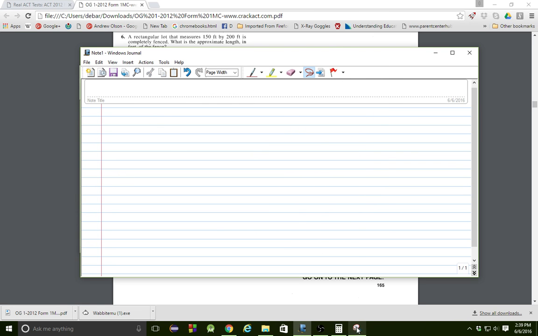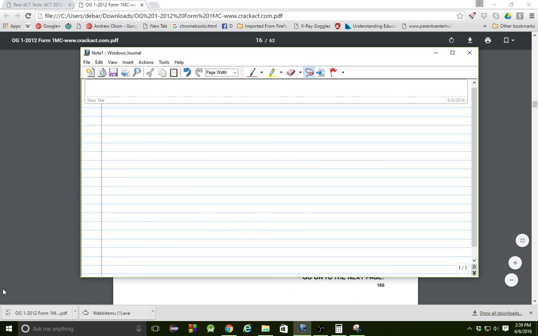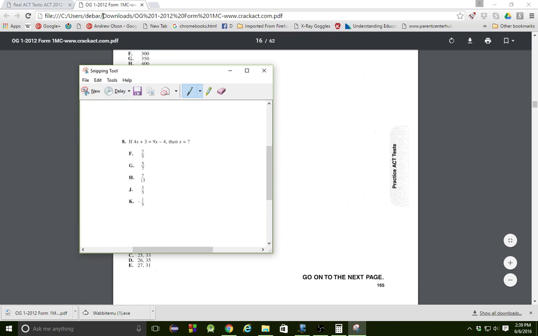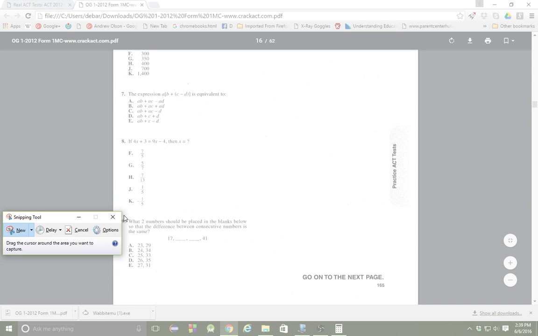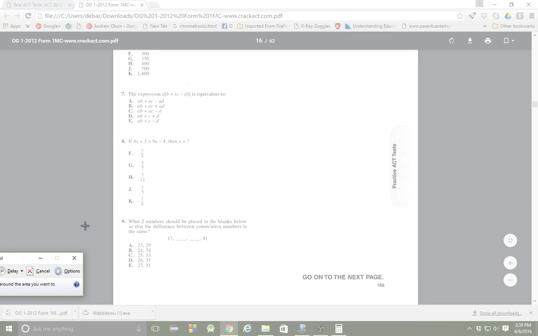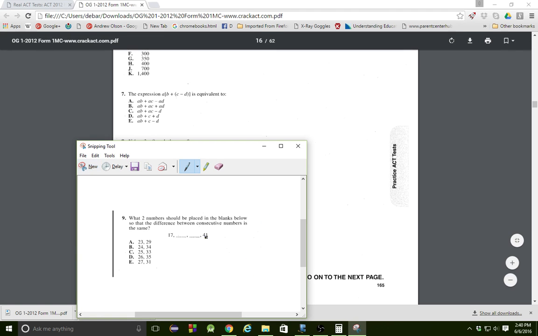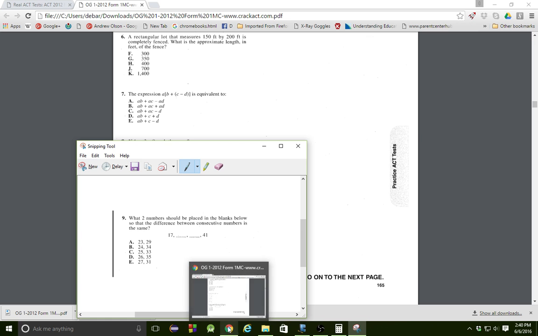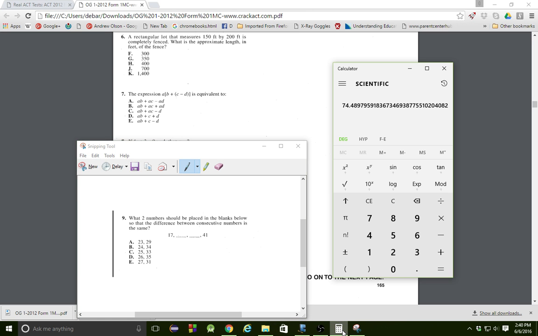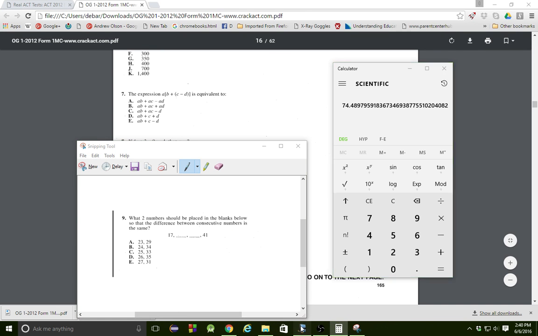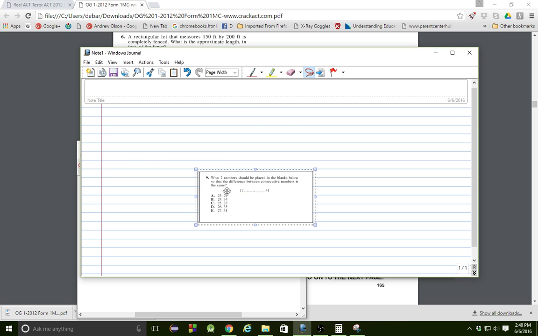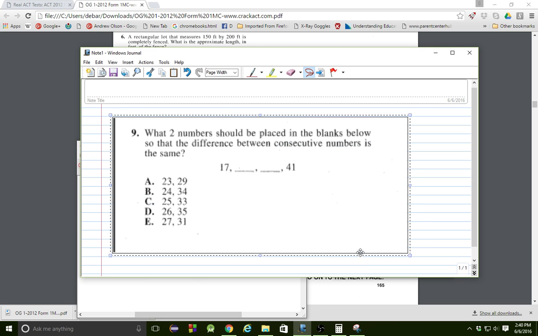Okay, so this is the final problem for this video. What two numbers should be placed in the blanks below so the difference between the consecutive terms is the same?